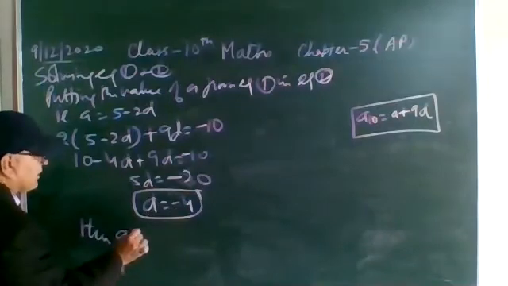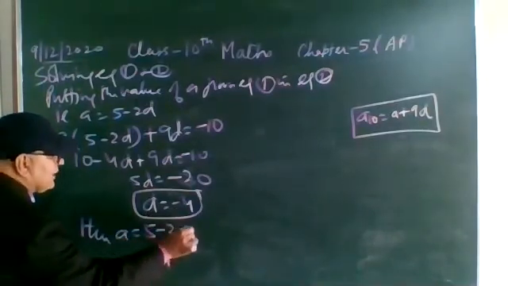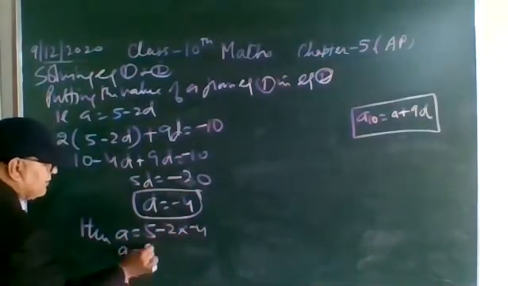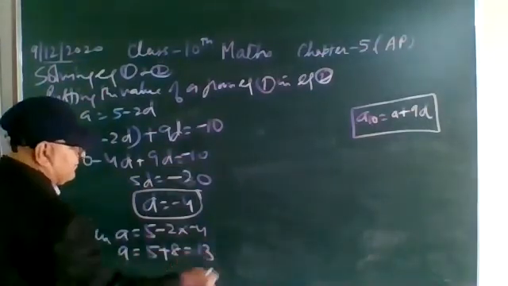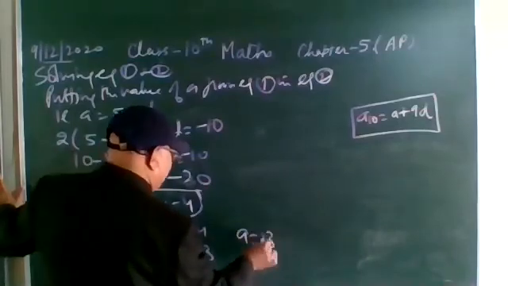Then a = 5 - 2 into -4. a = 5 + 8, that is 13. a is 13.